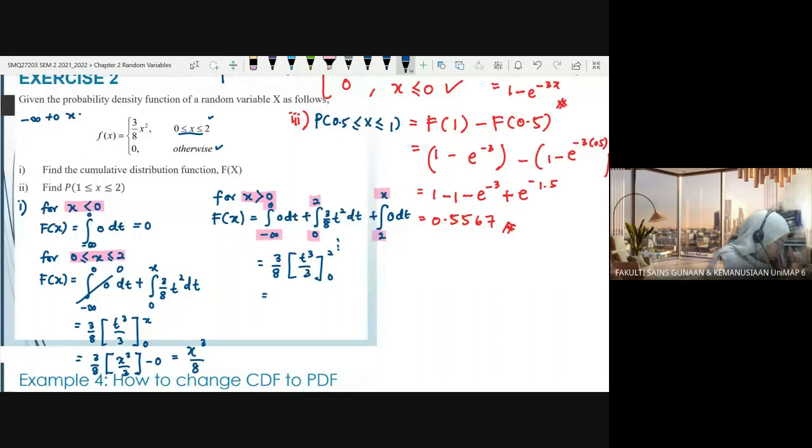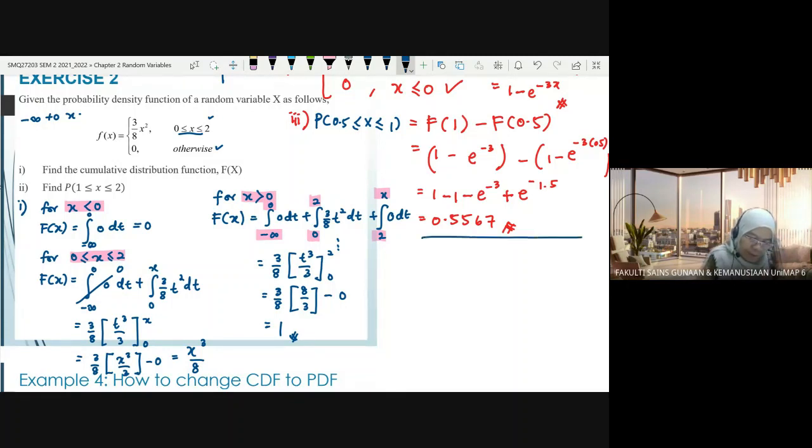From 0 until 2, you will get 3 over 8 times 8 over 3, minus 0. Okay, so you will get 1. Am I correct? So you will get 1. So if we simplify the answer in terms of cumulative distribution, you will get your Fx.